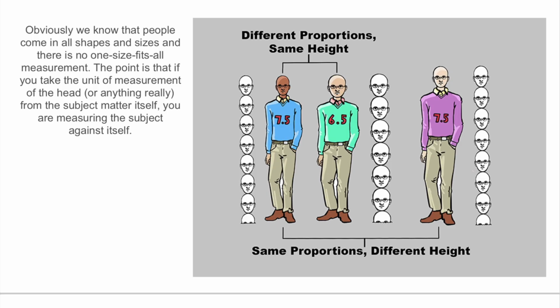But really the important thing to remember when you are trying to figure out proportions of someone's figure is that you're staying within their set of rules, right? So whoever that person is, whatever their body type is, you're only using that to measure them. You're measuring them against themselves. You're not measuring an 80-year-old man's body against a 21-year-old female's body. They just are not going to be the same thing for so many different reasons.